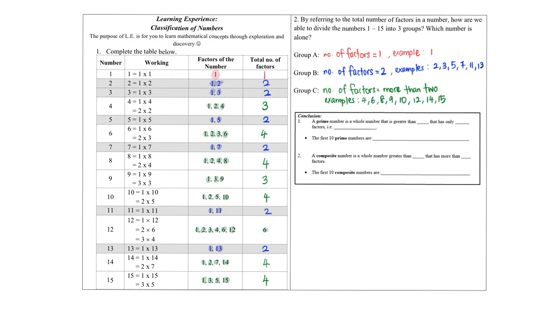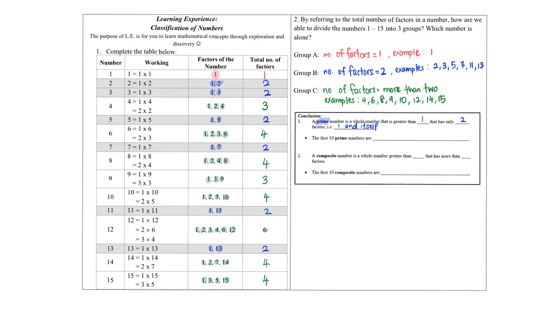And there are special names given to them, actually. So for the group that only has 2 factors, we call them the prime numbers, which is a whole number that is greater than 1 and it only has two factors, which is 1 and the number itself.